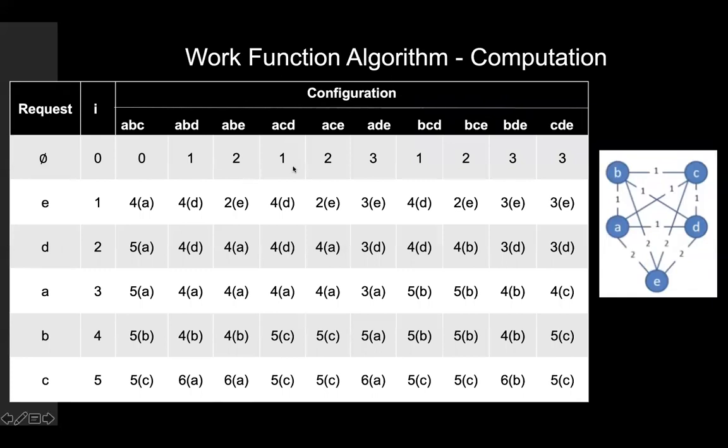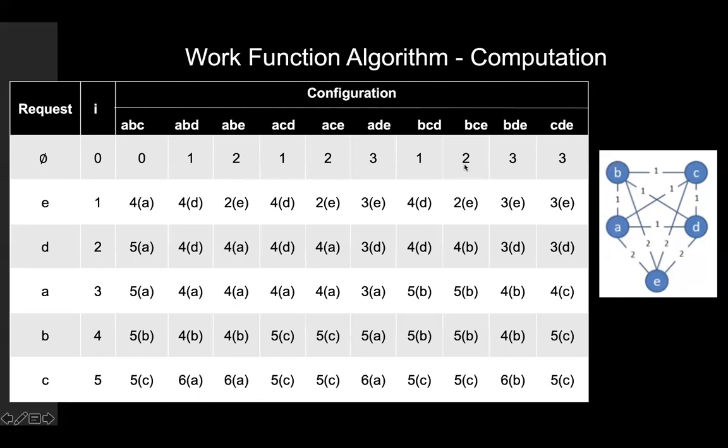Let's try and interpret this table here. To understand this, let's look at an example. The value of W1 of ABC here is 4. That means 4 is the cost taken to reach ABC after serving request E. And the previous configuration that gives you the best way to reach ABC can be obtained by replacing A with E, which is BCE.